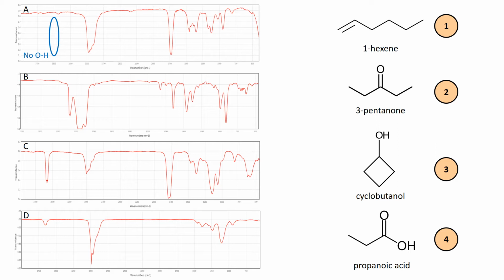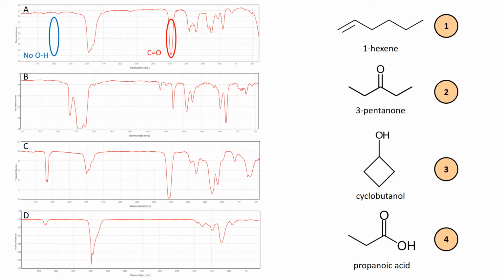The next place to look is in this region of the spectrum here, at around 1700 wave numbers, you will find the carbonyl peak or the C double bond O peak. This can occur anywhere from 1650 to 1820 wave numbers, and importantly, it's always a very sharp dominant peak.